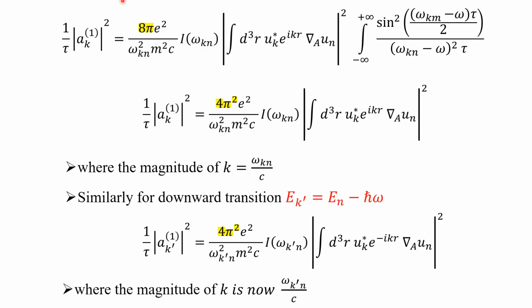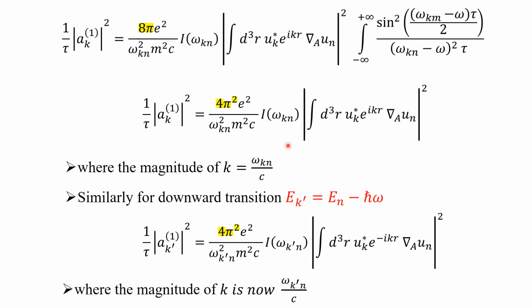So finally, we got this expression. Now we will see some interesting phenomena. If you integrate this sine factor between minus infinity to plus infinity, you will get pi by 2. So if you multiply this equation by pi by 2, this pi will become pi squared. 2 will cancel with this 8, so this 8 will become 4. And of course, in this integral, the magnitude of k is equal to omega kn by c. This is also something you know very well.